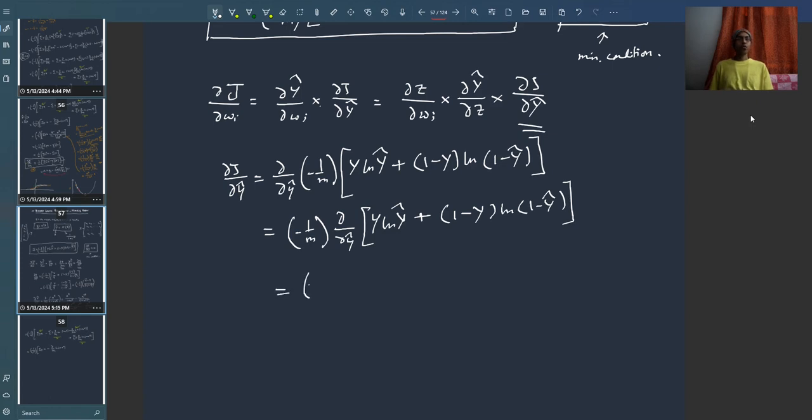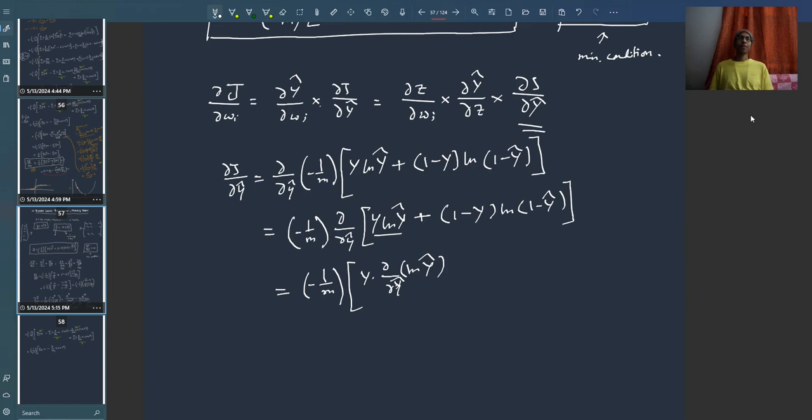This is equal to minus 1 by m. First we differentiate this expression. This becomes del y hat of y is 0. Therefore one of the expressions goes out. The other expression remains, which is y into del y hat of natural log of y hat.